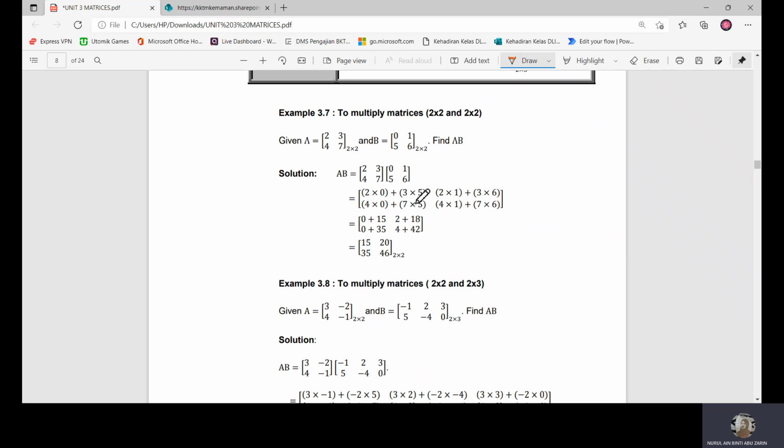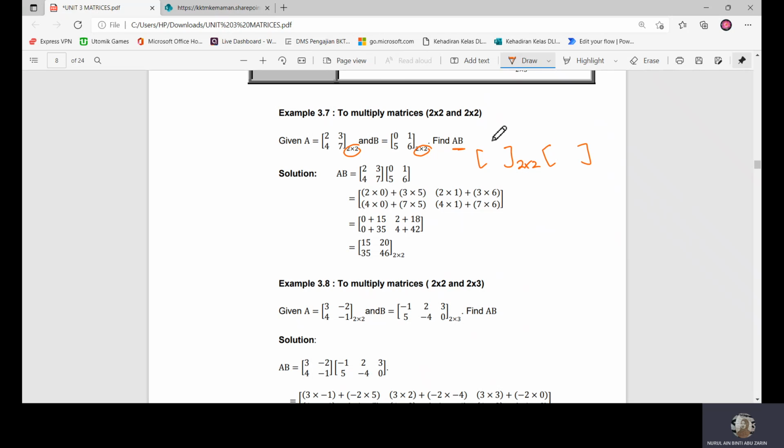All right, we are going to choose this one as the example. This is a 2 by 2 matrix, and this is another 2 by 2 matrix. When you write AB, meaning you multiply matrix A and matrix B, you have to make sure that the middle values of the dimension are the same.